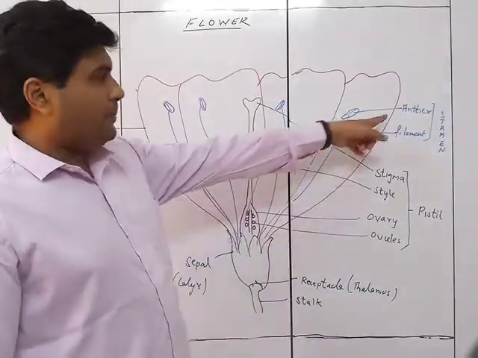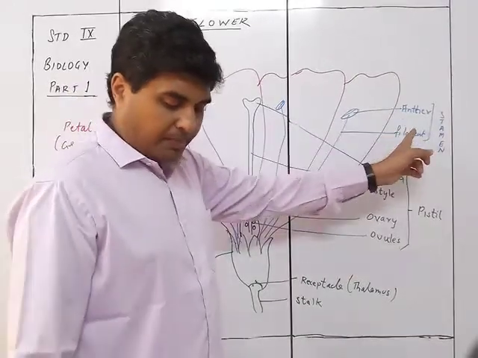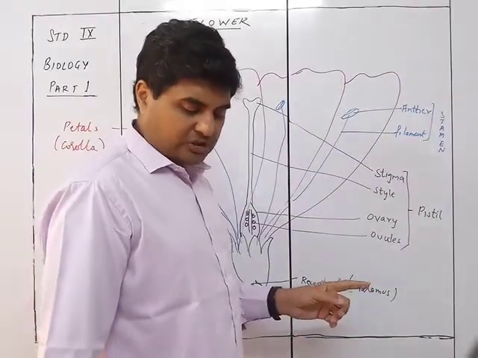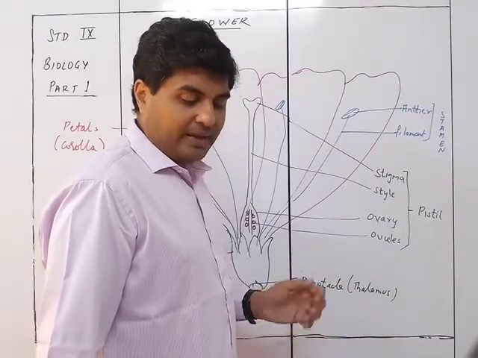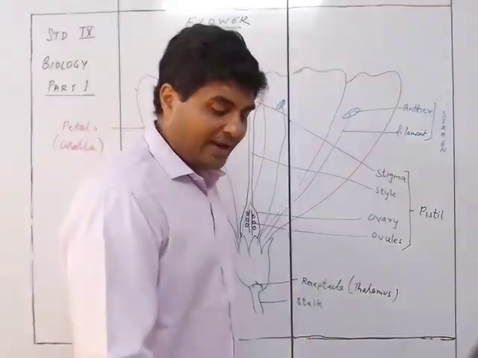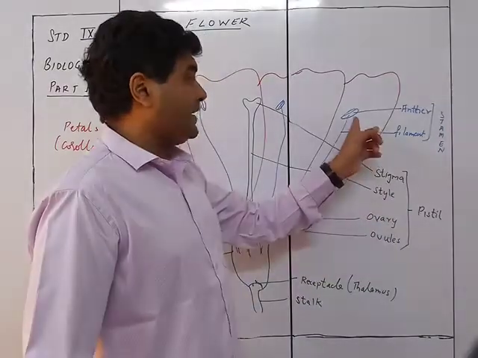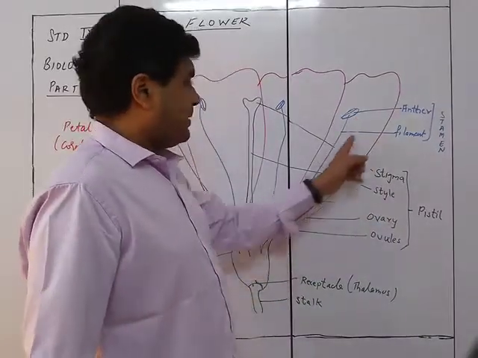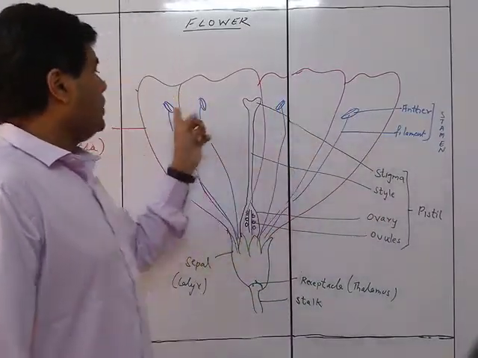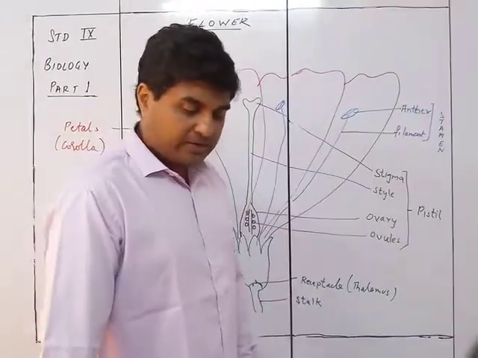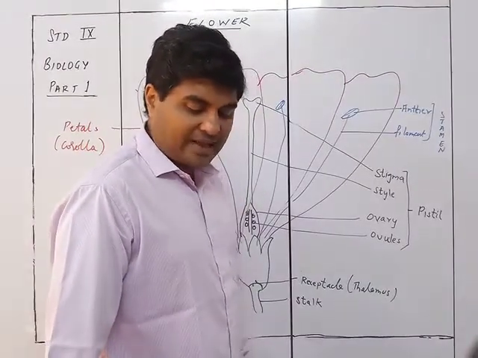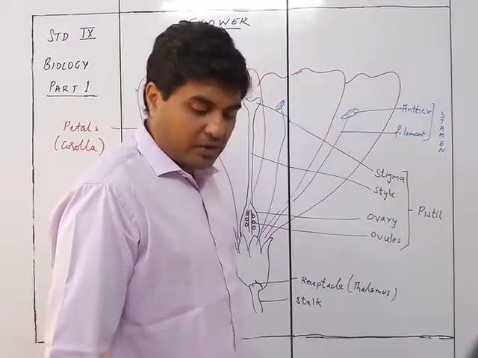The third whorl is the male part. Long thread-like processes, somewhat projecting out, each usually ending in a bilobed tip. So each and every filament is ending with a bilobed tip on top of it. These are stamens, collectively called androecium.